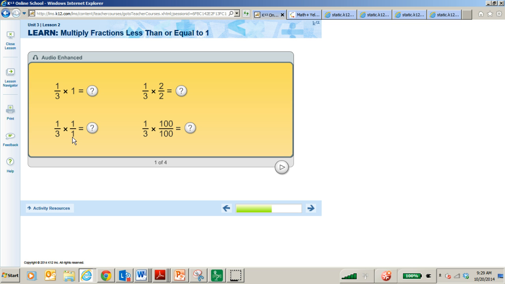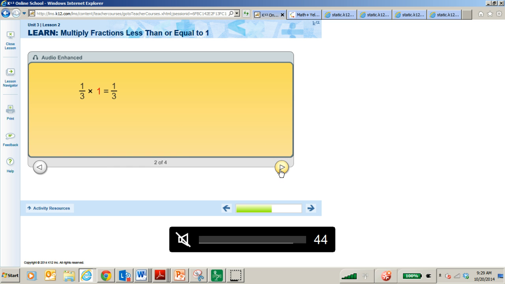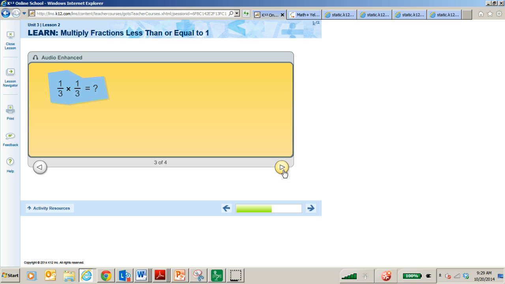We have 1 of the 1 pieces. We have 2 of the 2 pieces. We have 100 of the 100 pieces. So as you go through this lesson, you will see that it reinforces that even though these numbers look large, they still represent one whole.